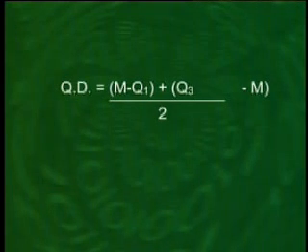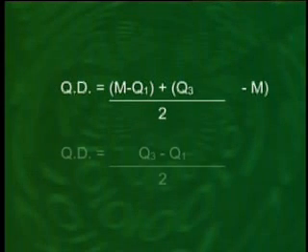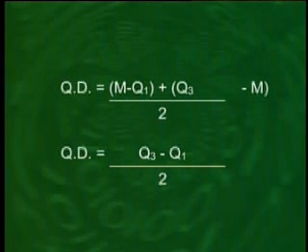That is, the quartile deviation is equal to ((m minus Q1) plus (Q3 minus m)) over 2, where m represents the median, and solving this expression, it comes out to be equal to (Q3 minus Q1) over 2, exactly the same formula that we have for the quartile deviation in its basic definition.